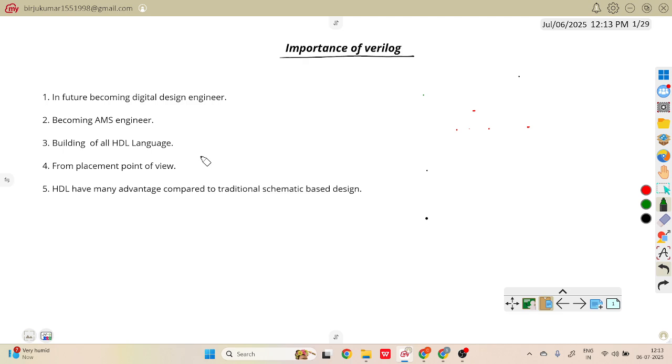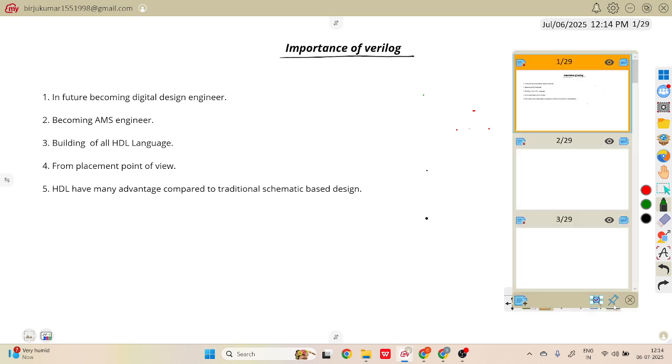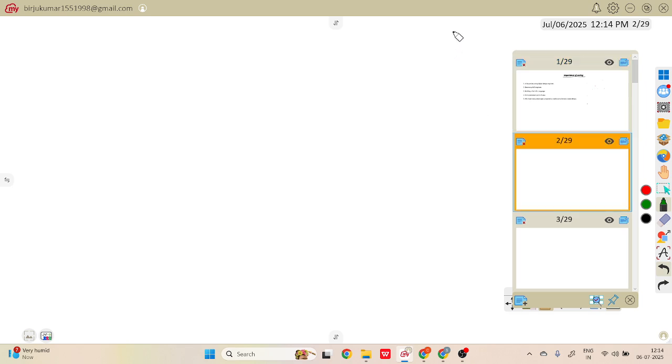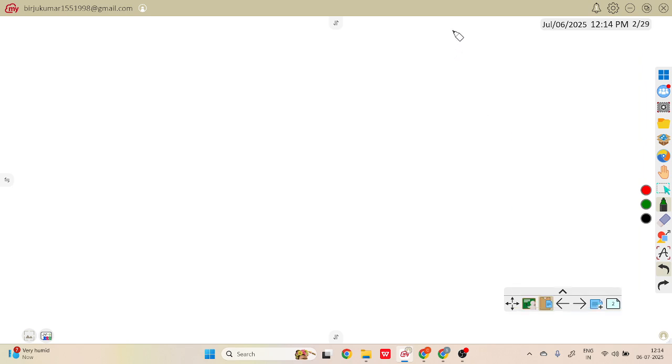My motive is to explain Verilog very well, so that one day you will feel more confident and can design any digital circuit. You can write the Verilog code from scratch. That is my motive. This is the first lecture, and one day definitely you will write the Verilog code.